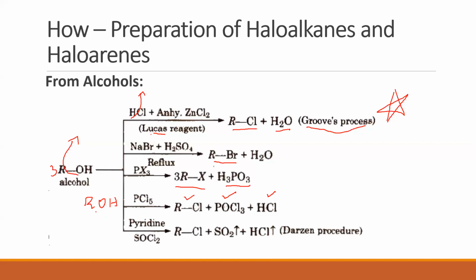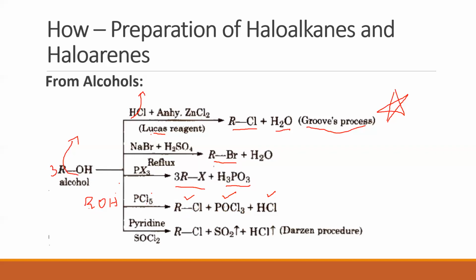When I take an alcohol, ROH, and make it react with PCl5, one of the chlorines is taken away by this hydrogen to go out as HCl. Phosphorus will take away 3 more chlorines from here and oxygen to go out as POCl3, phosphoryl chloride. What is remaining? R will take away the remaining chlorine to form RCl, alkyl halide.